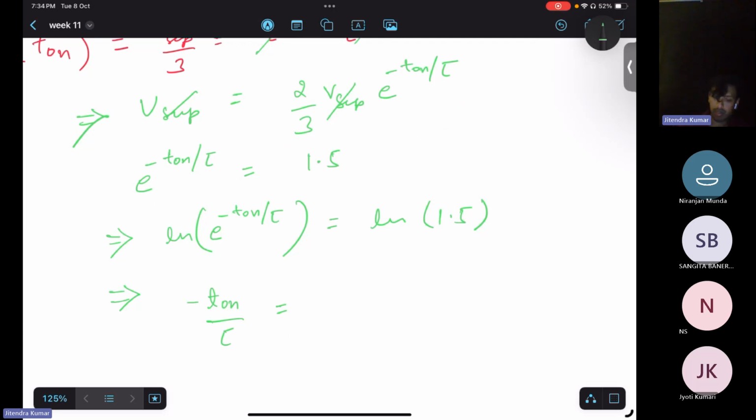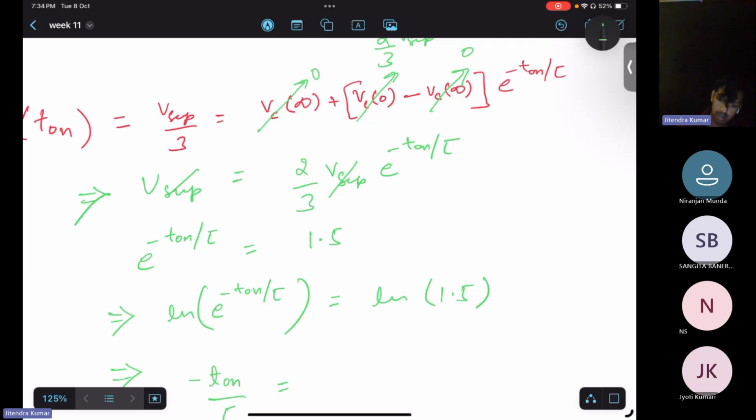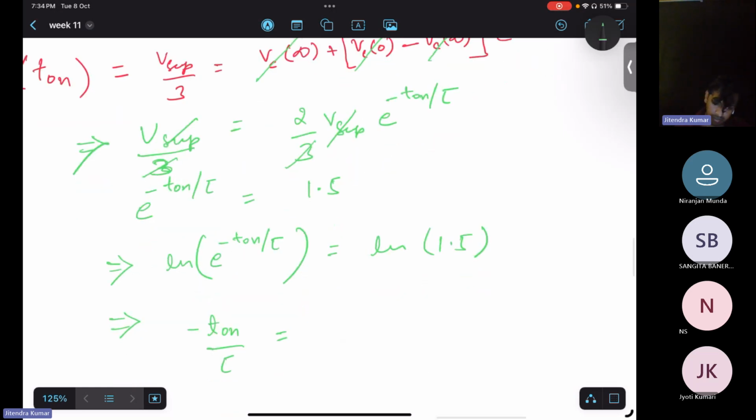But why is it coming one? Here V supply by 3 was there, right? Sir, here it will be V supply by 3, no? Exactly, Sangeeta. Yeah, I missed that thing. Thanks. So we can cancel out that as well. So now 3 by 2, so 1 by 2. So again, it will follow the same. That's why, because in the back of my mind, I was sure that ln 2 will come.